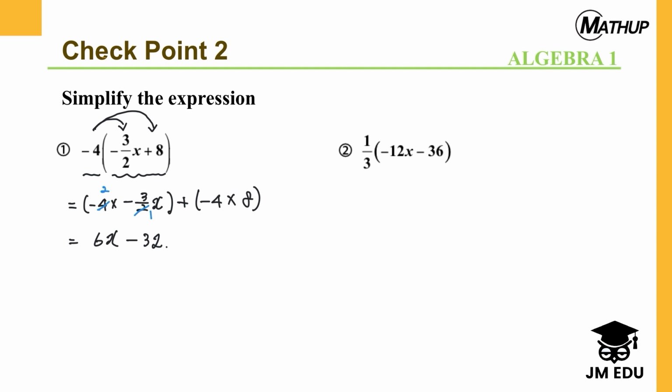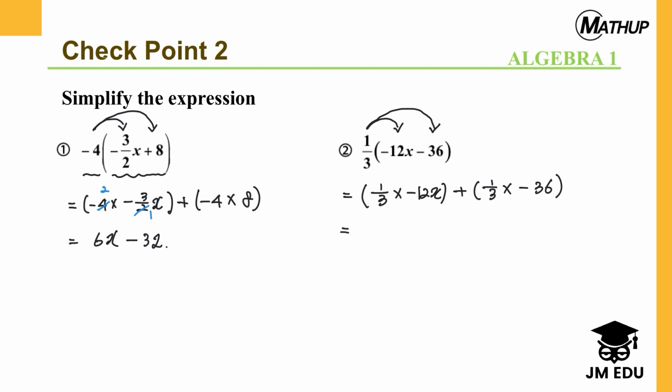So number 2, 1 over 3 times negative 12x plus 1 over 3 times negative 36. So that is equal to, let's write, 1 over 3 times negative 12x plus 1 over 3 times negative 36.